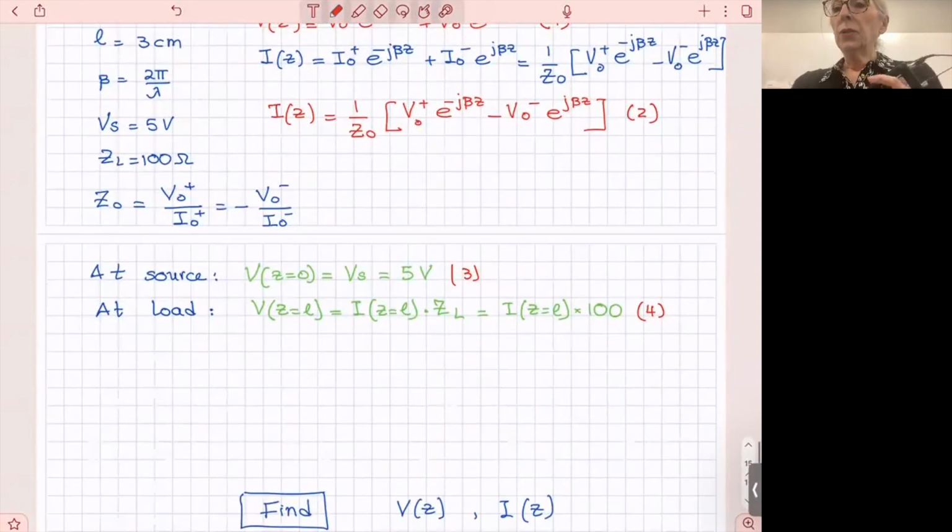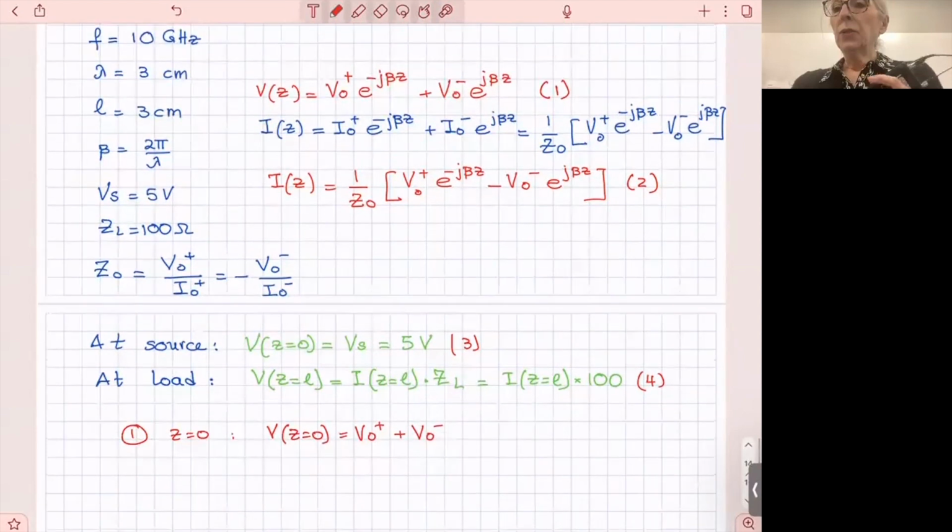From 1, what I have at Z equals 0, I have that V at Z equals 0 equals V naught plus V naught minus. You see that? If I put Z equals 0 here, that goes to 1, that goes to 1, so it's V naught plus V naught minus.